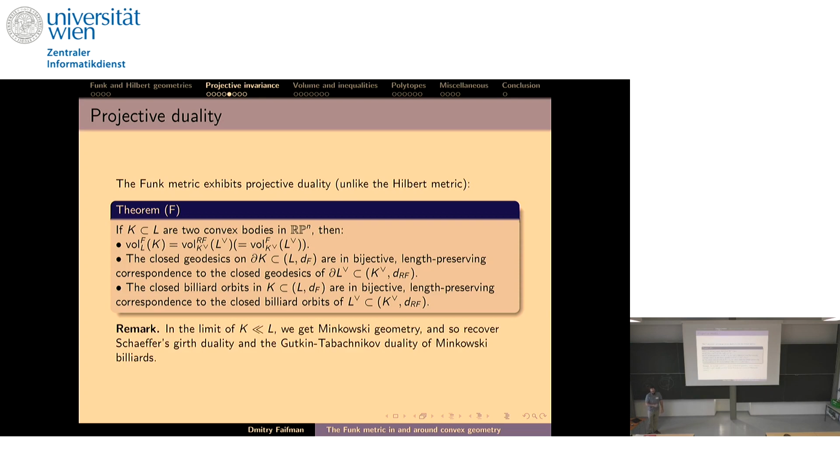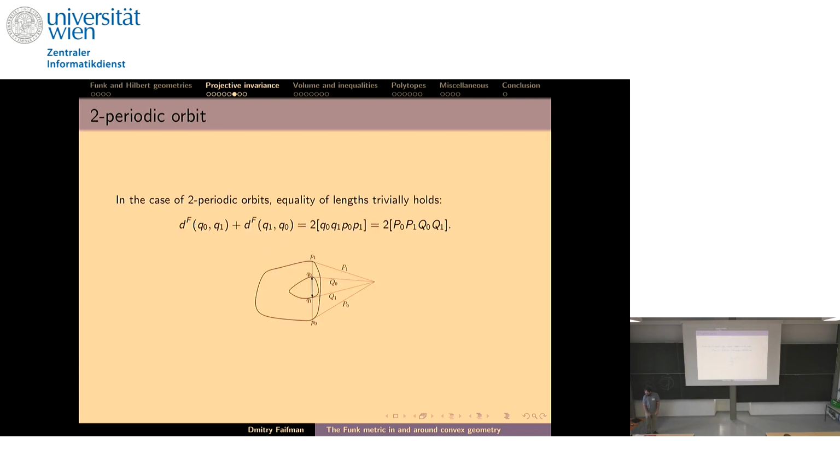And as was pointed out, in the limit when K is much smaller than L, it becomes Minkowski geometry, it becomes flat, and you recover Schaeffer's duality proved by Alvarez-Paiva and the Gutkin-Tabachnikov duality of billiards. So in the case of two periodic orbits, it's actually very easy to see that the orbits would have the same length. So let's consider it briefly.